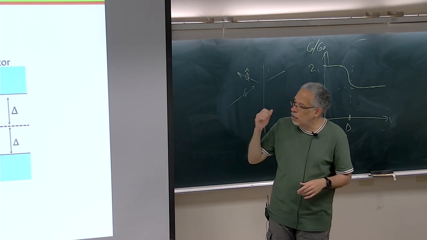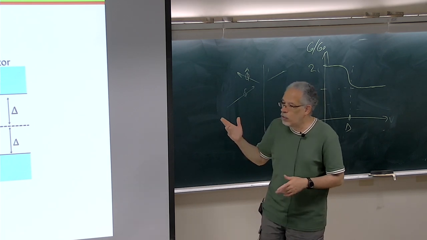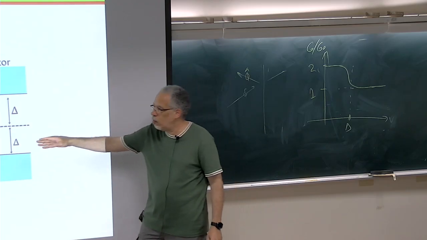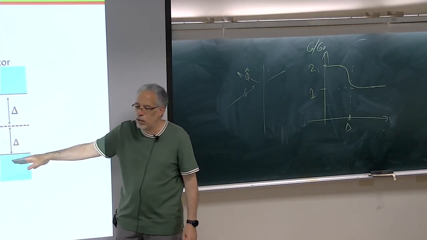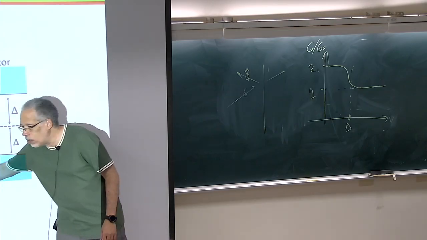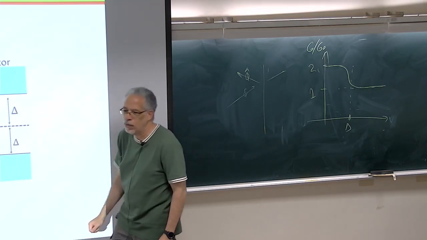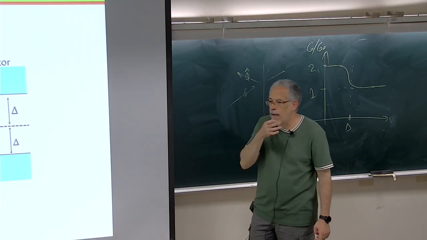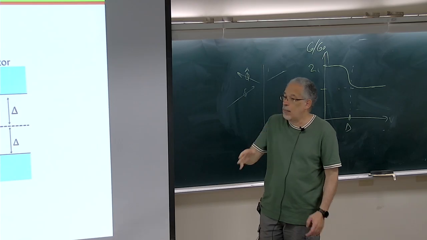But if you are in the conduction band, you will have essentially this. For the valence band, it will be like 2 or 3 electron volts below. Except if you have holes.